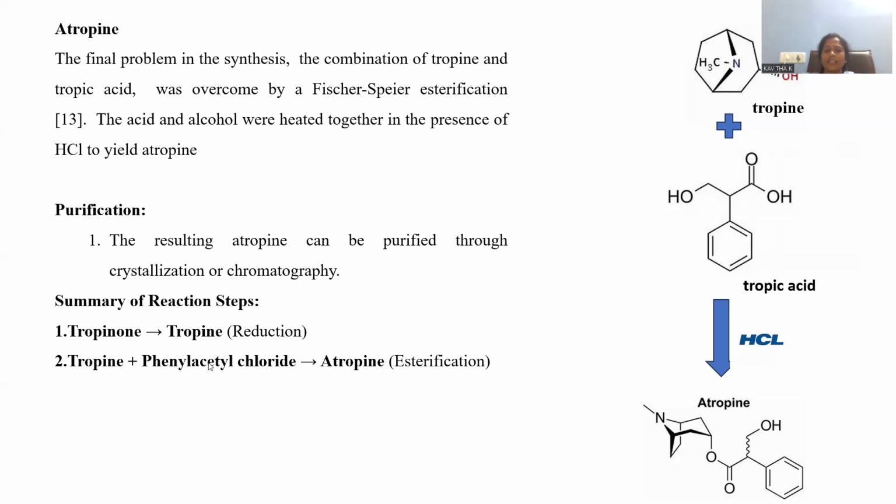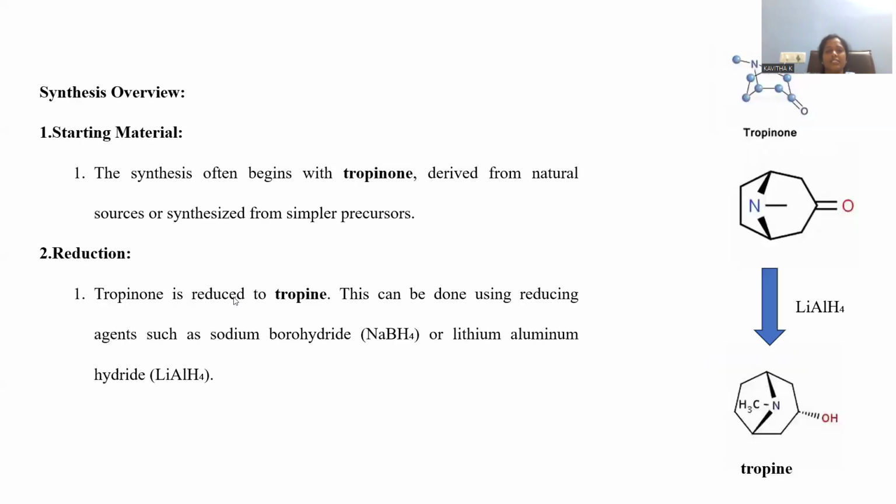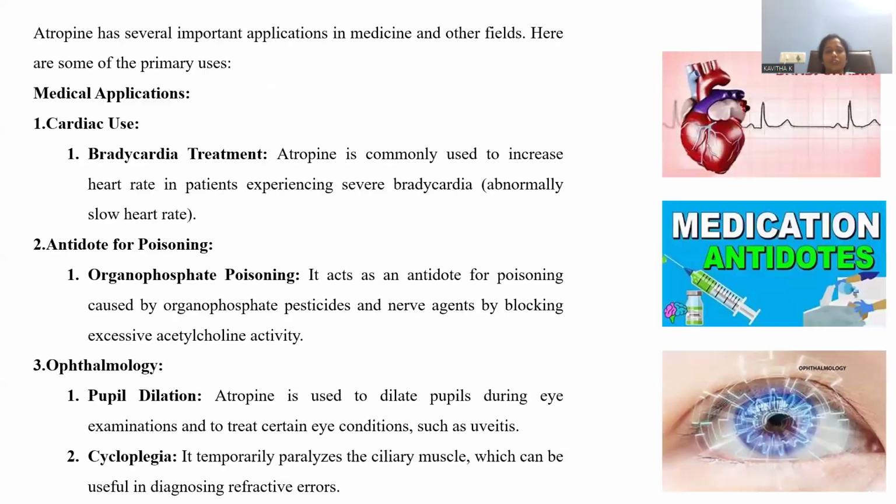The tropine is condensed with tropic acid, and atropine is synthesized. This is the process called esterification. The esterified compound is atropine. This is the synthetic overview of atropine.